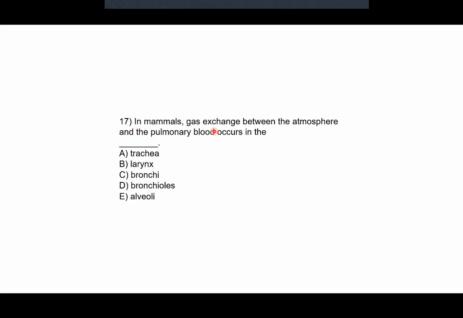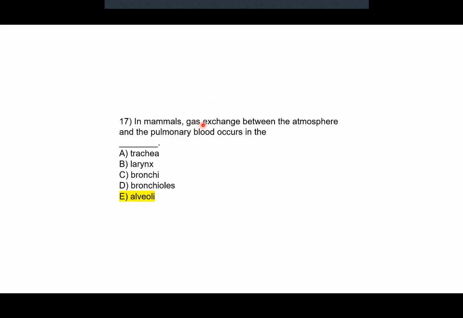17. In mammals, gas exchange between the atmosphere and the pulmonary blood occurs in the alveoli. Okay, so you may have never seen this term pulmonary blood. Perhaps you've heard of a pulmonary embolism. That's a common medical term. But again, consider the context of this question and what this chapter is about. Well, this chapter is about the respiratory system and the circulatory system.